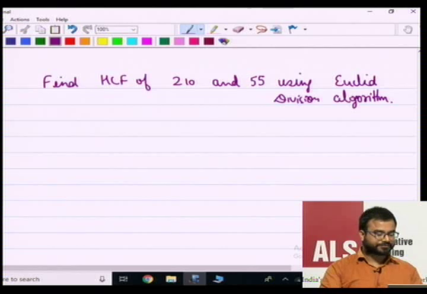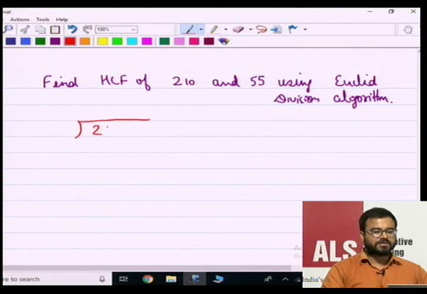The steps are like this. Using the long division method, first this 210 will become the dividend and 55 will become the divisor.